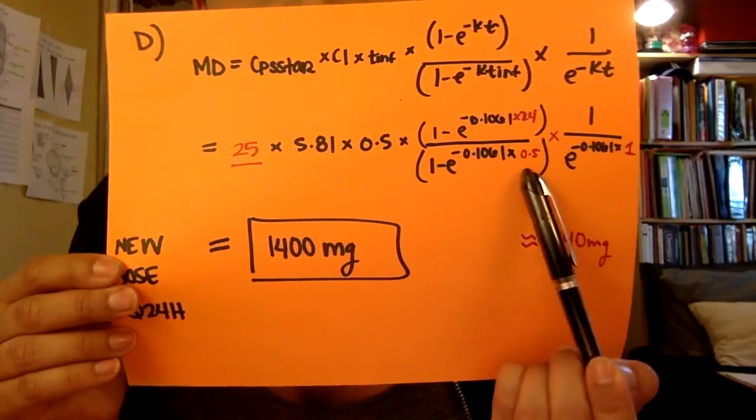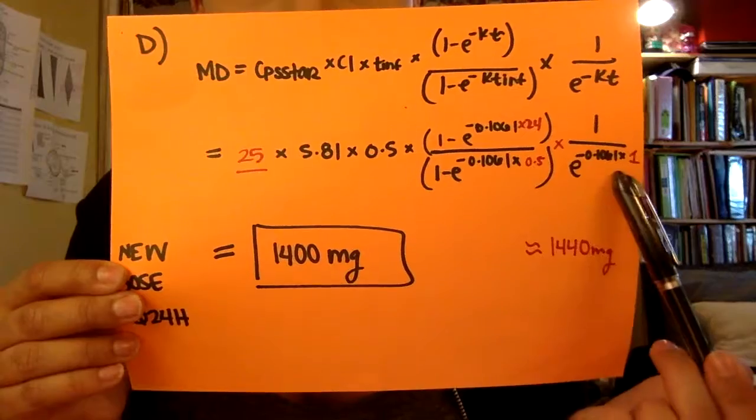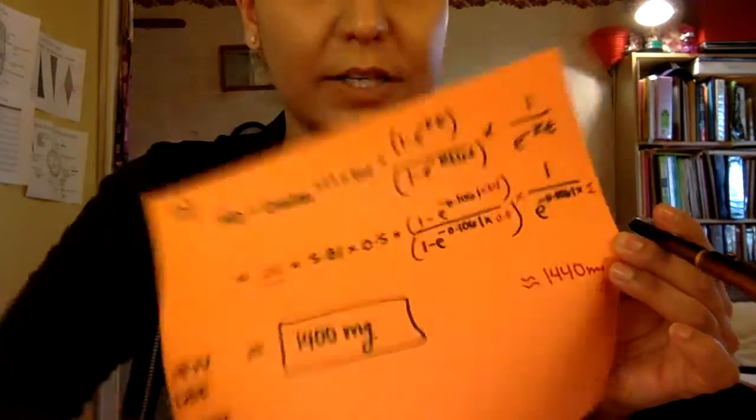Your interval is 24, and your infusion stays the same, and so does the delta T. Then when you calculate everything, you're going to get 1400. So you can now calculate part D, your new dose with the new interval. You're not quite sure if you've met the boundaries yet until you calculate part E.